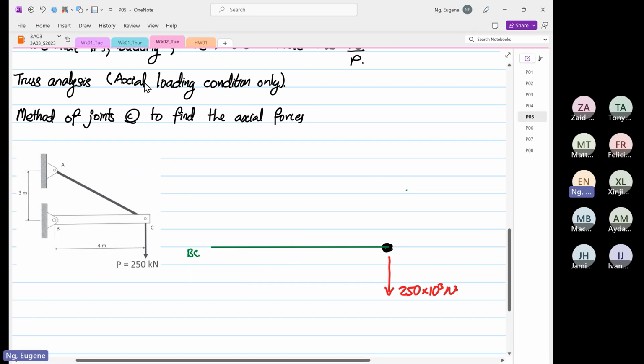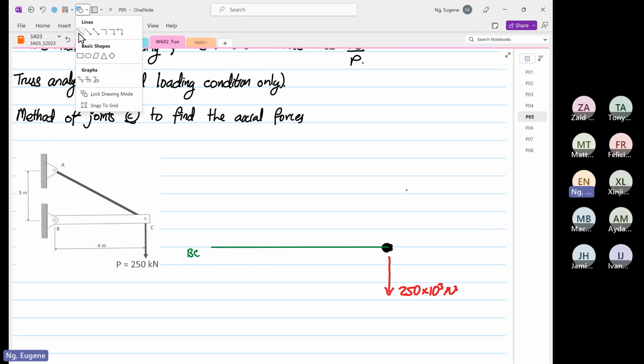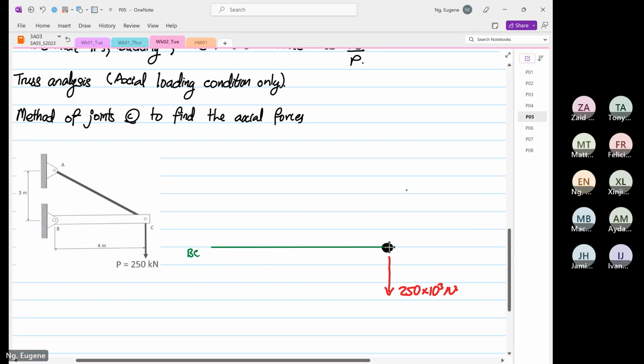And then I'm just going to sketch our centroid for AC. Okay, so that is our centroid for AC.